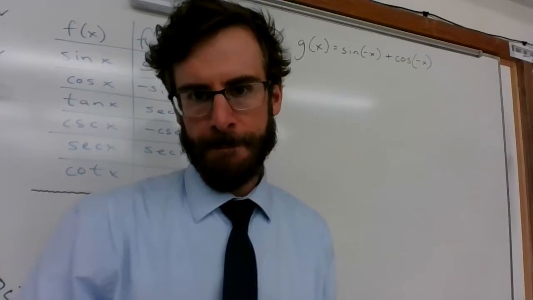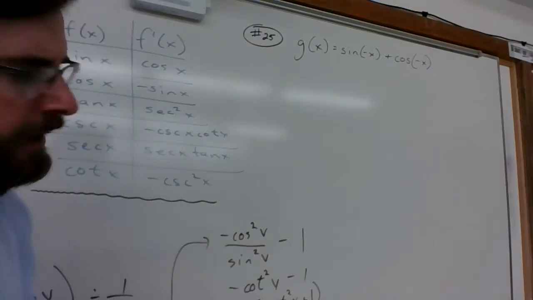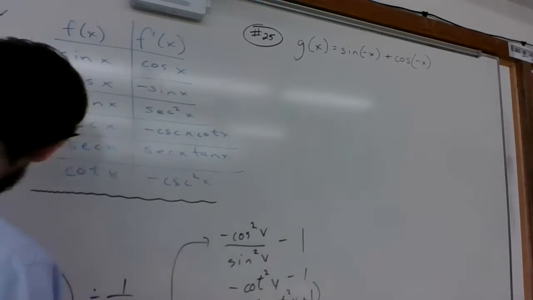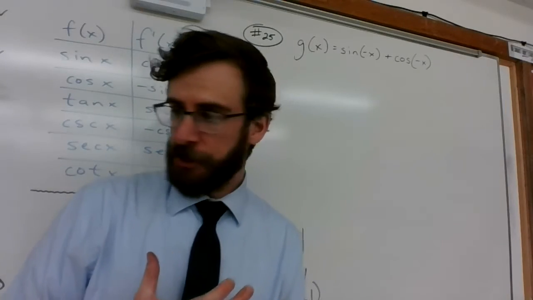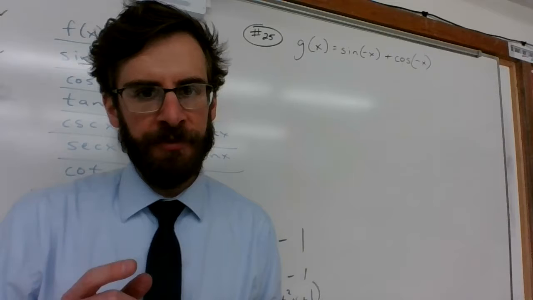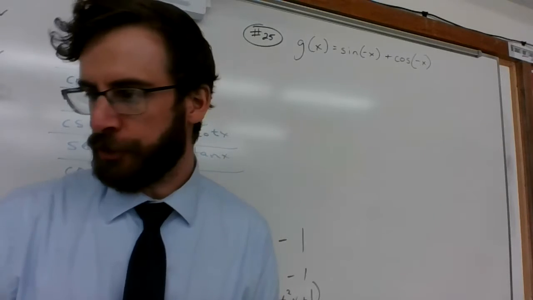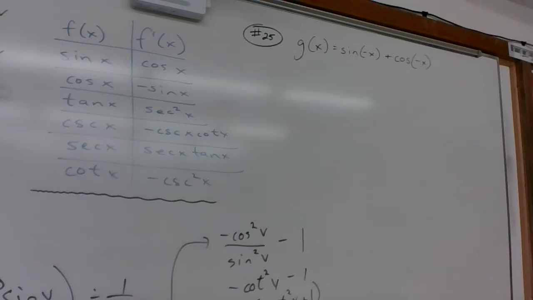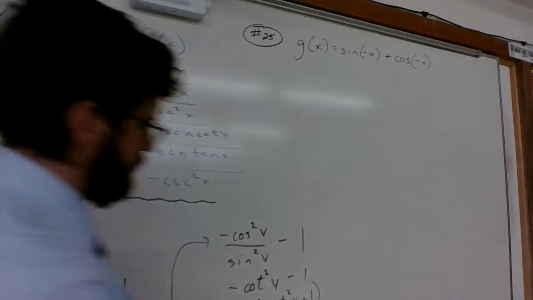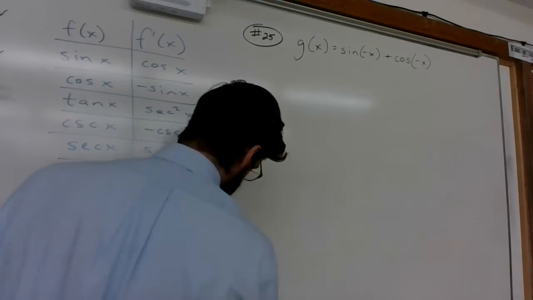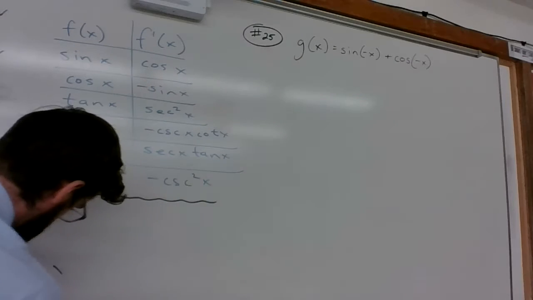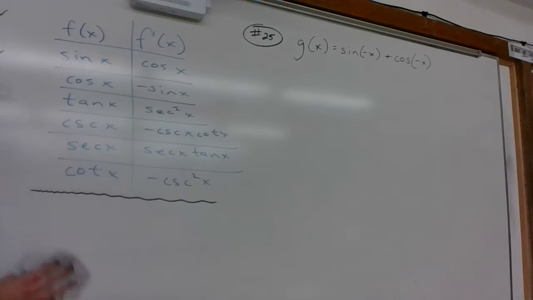Let's try 25. Okay, so different concept altogether. I wanted to remind you guys that there's this thing called even versus odd functions. We touched on it a little bit with the pre-calc review, but not so much with the trig. With trigonometry, when we graphed, you guys know how to do this.